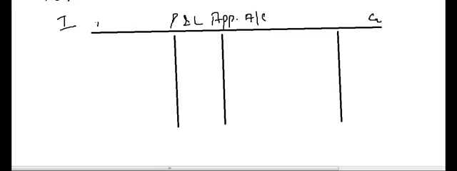Here credit side, debit side. What is the profit we have? By profit and loss account, we have a profit of 3000.